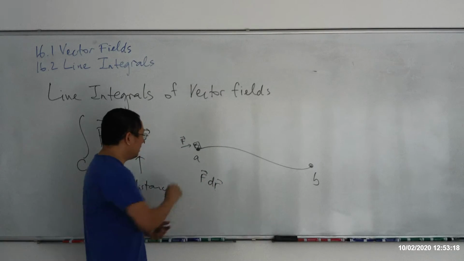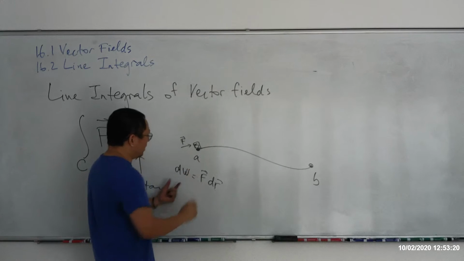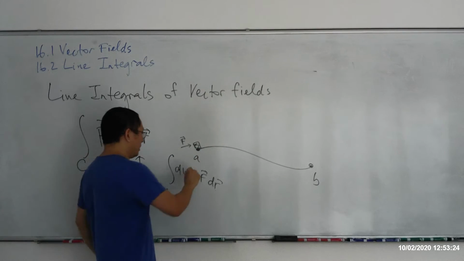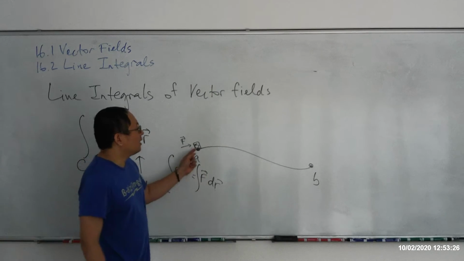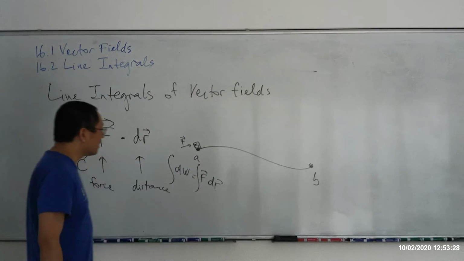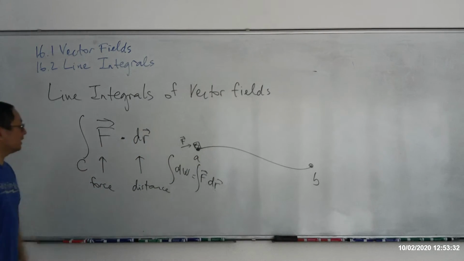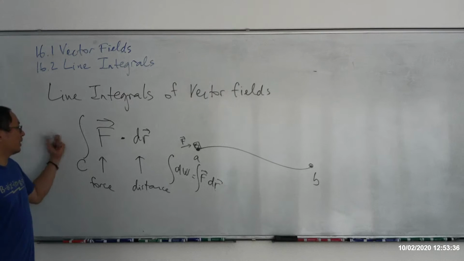You get a little bit of work, the energy you put in to move it a little bit. Then you add all the little work, and this is the total work needed to move the object from point A to point B. Think of it as energy.